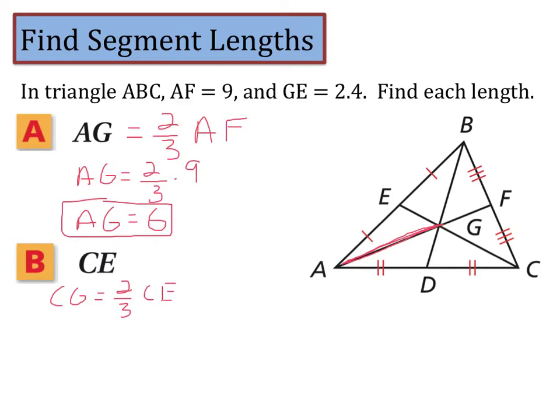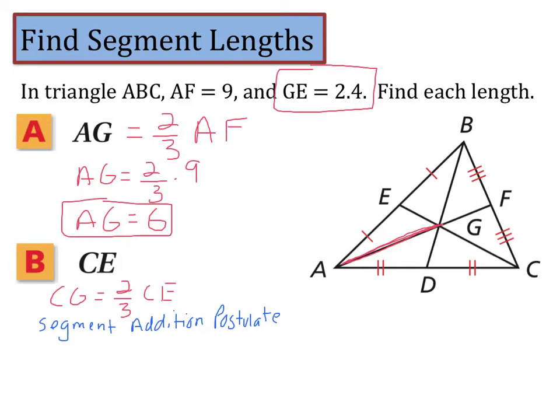Now the only information that helps us here is that GE equals 2.4. Since we can't directly plug in GE to our equation here, we have to use the segment addition postulate and plug in this value of GE.